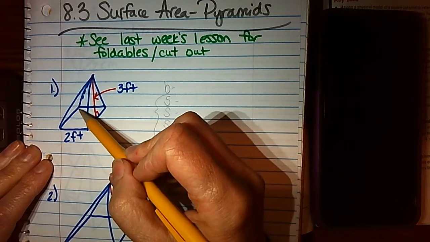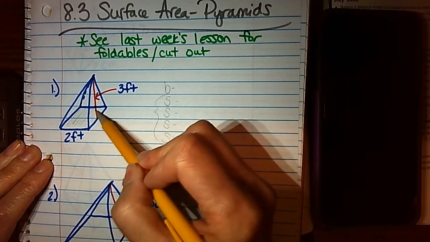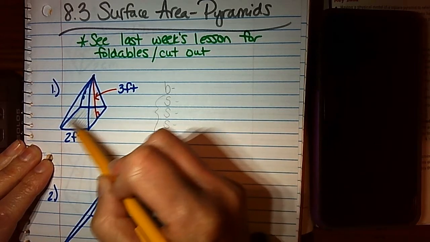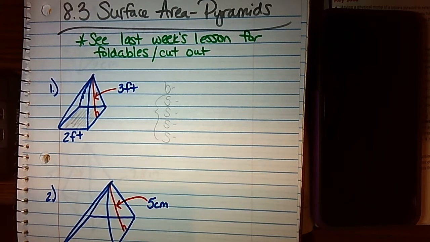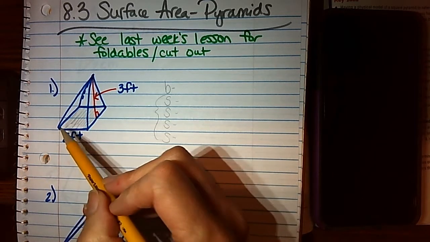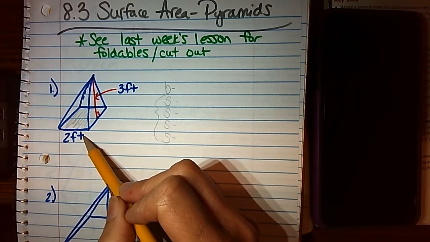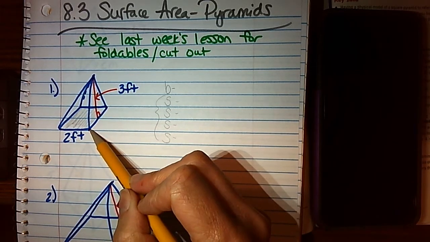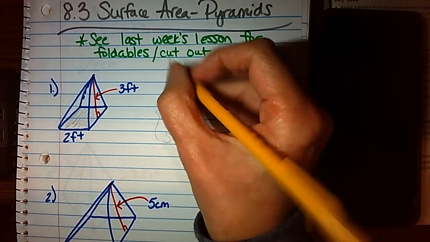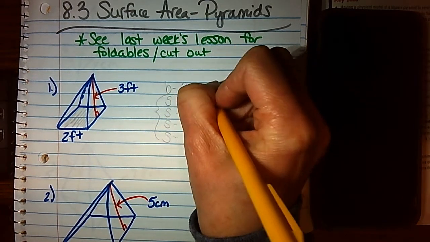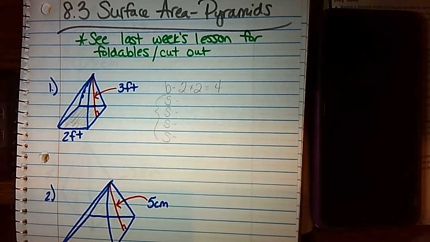So again, I'm going to just shade in my bottom. Since they're telling you this is a square pyramid, the definition of a square is all sides are equal. So if this side is 2 feet, this side down here must also be 2 feet. So that will give me 4.